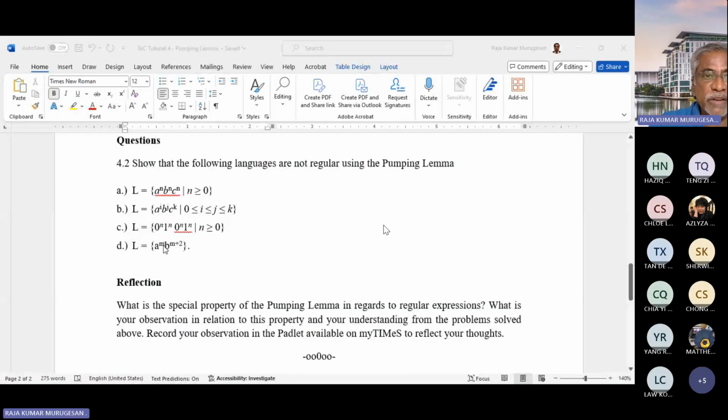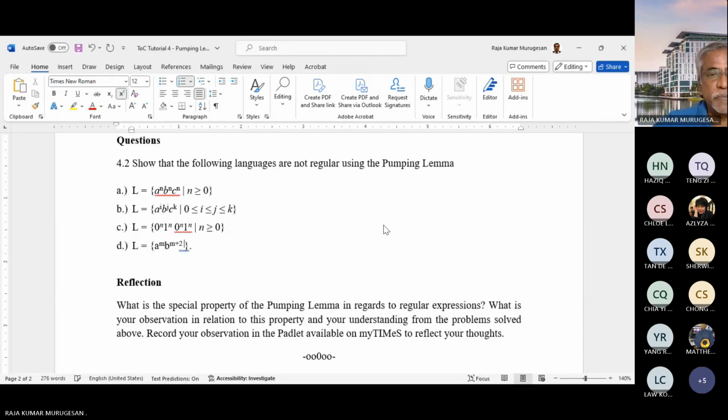Let me share again. So you're asking about 4.2D, right? Okay, the range is missing. Good question. I've included the range now. M should be greater than 0. M is greater than 0.